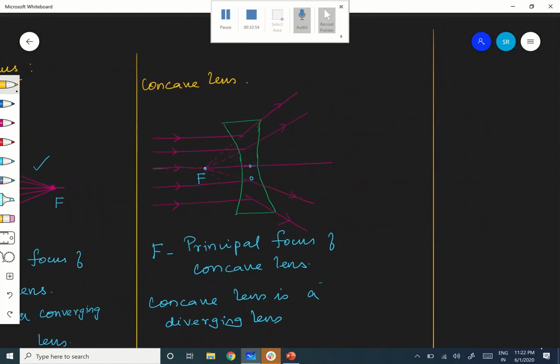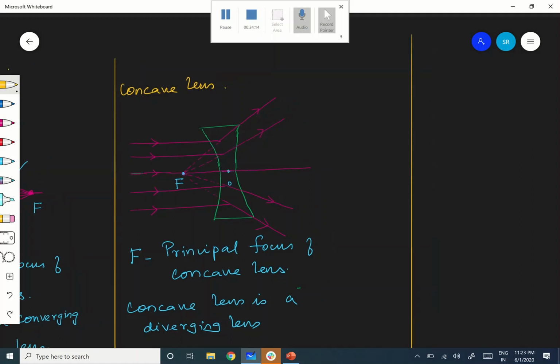What do you mean by focus? Here is the principal focus, but two sides are there. There are two spherical surfaces here. That is, a lens is a transparent medium bounded by two spherical surfaces. Therefore, there are two principal foci. Foci means plural for focus.